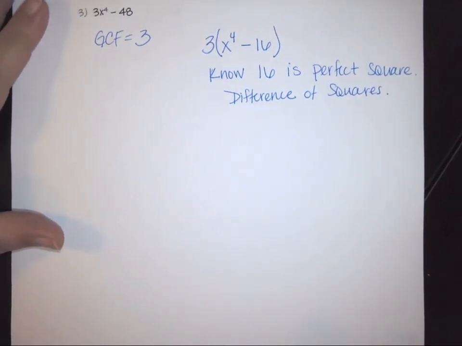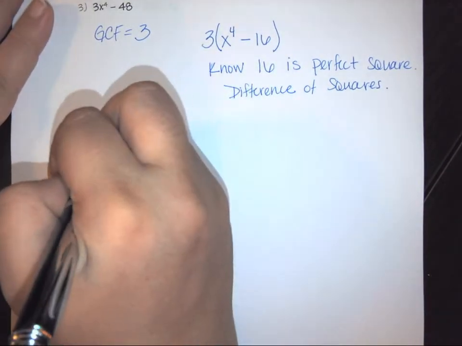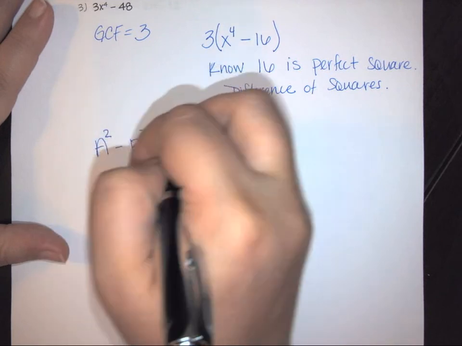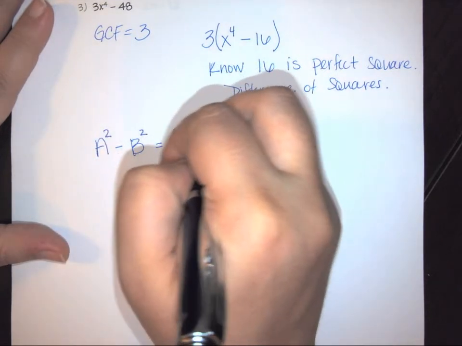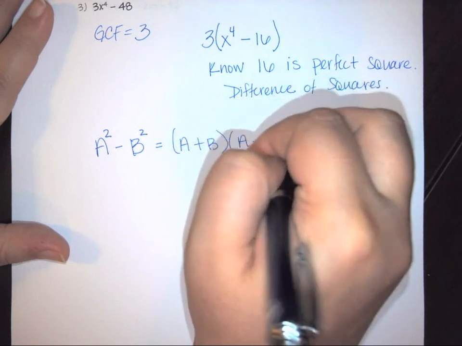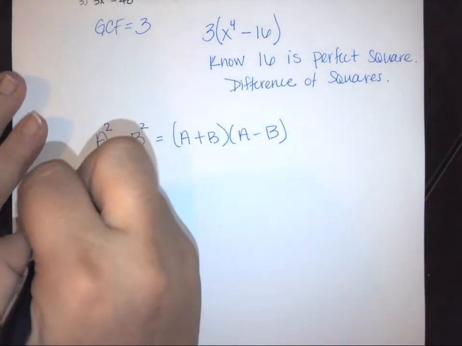So the difference of squares formula very simply says if I have a squared minus b squared, then that is going to give me a plus b times a minus b. So again, we need to find the a and the b terms.